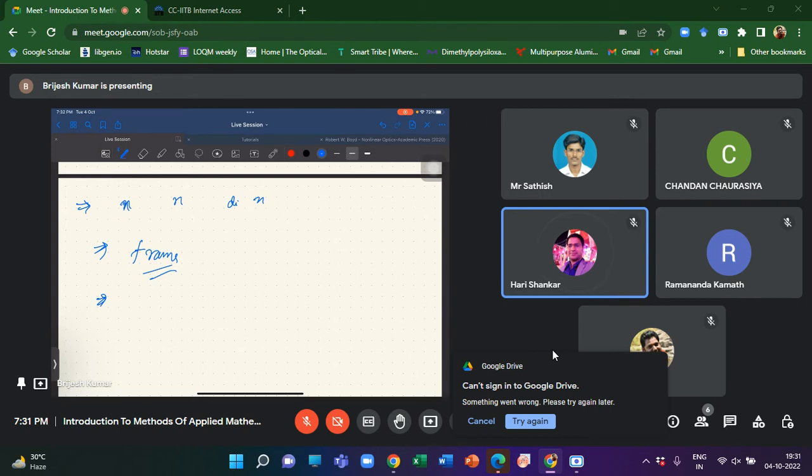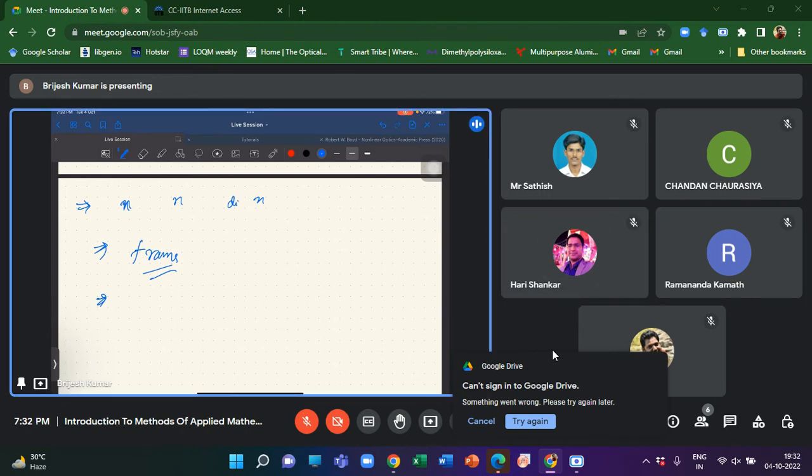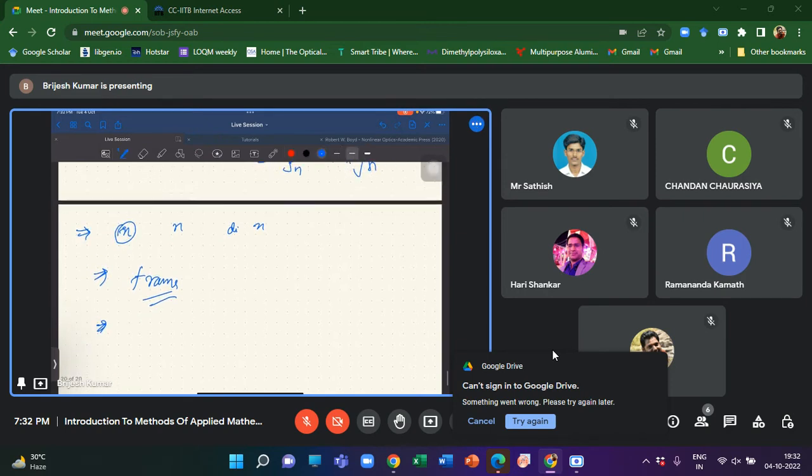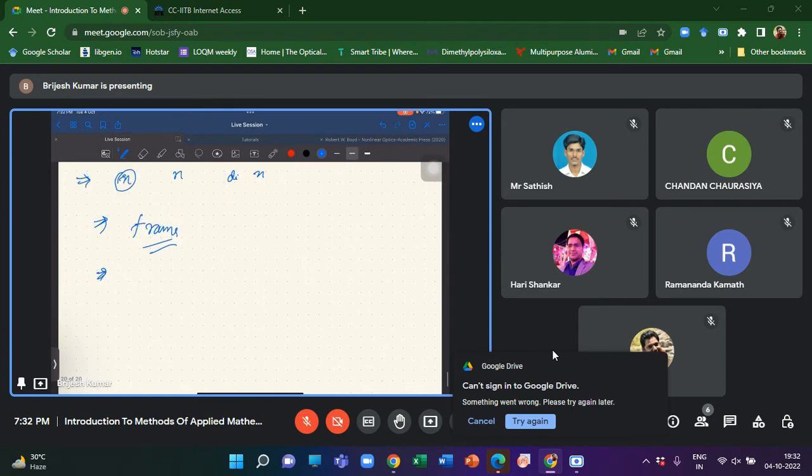Okay, I will write. When this number is larger, we can still have a representative set, except that the vectors will not remain linearly independent.